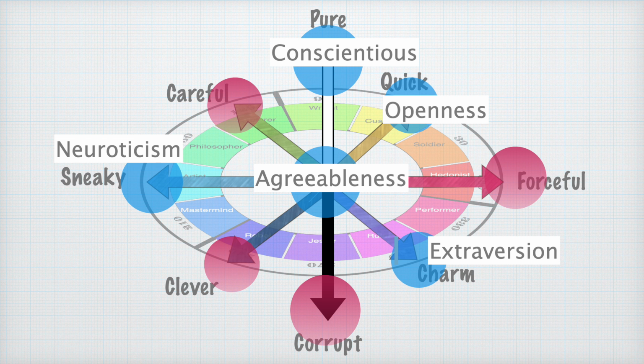So think of extroversion in its extreme as our charm, and conscientiousness as our new axis of purity, and openness as quick versus clever. And even neuroticism kind of falls under what we would have as either sneaky or forceful, because either extreme is somebody who's behaving irrationally.